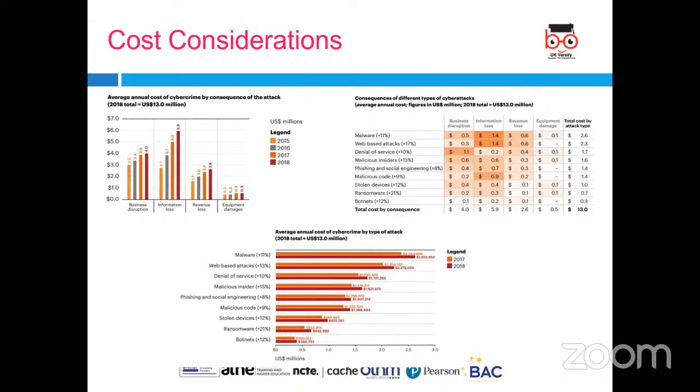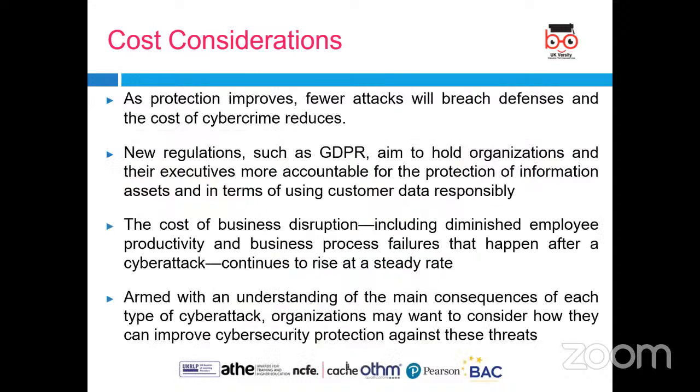These figures are related to the cost of cybercrime by consequences of attacks, where these companies have had massive loss of money due to these attacks. And we already mentioned this in the previous session, where we already spoke about GDPR.